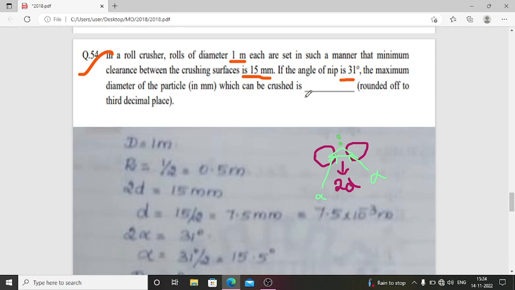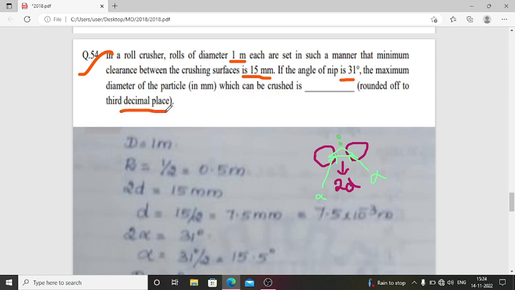The objective of this question is to determine the maximum diameter of the particle in mm. After calculating the value, we have to round off the result to third decimal place.